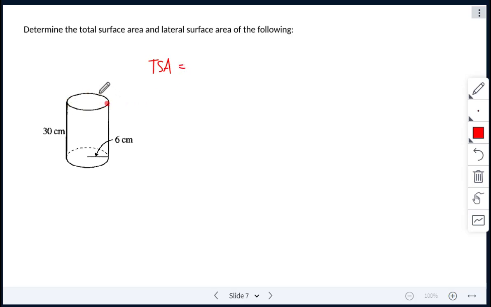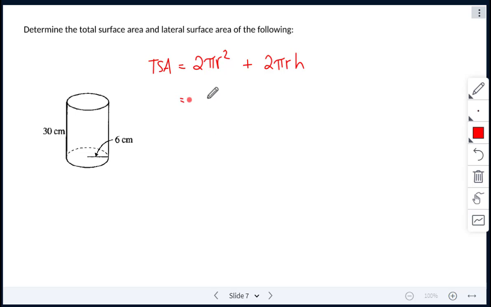So again, we have two circles, so therefore we have to use our formula for area of a circle, which is pi r squared, but there's two of them, so it's 2 times pi r squared, and then our rectangular part there is 2 pi r h. All right, because we're using 2 pi r for the circumference, and then it's being multiplied by the height.